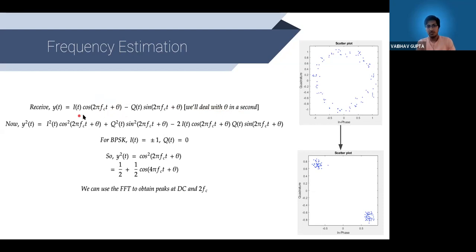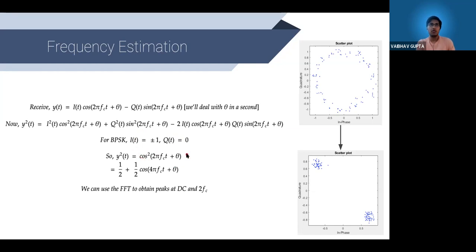The way we do this for BPSK is we square our received signal. When you do that, it's simply (a plus b) whole squared. So you get a squared, plus b squared, plus 2ab, or in this case, minus 2ab. For BPSK, we already know that the in-phase term is either plus or minus 1, and the quadrature term is 0. We use those properties to simplify y squared t to be simply this.